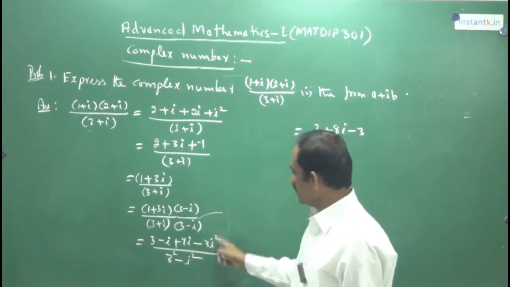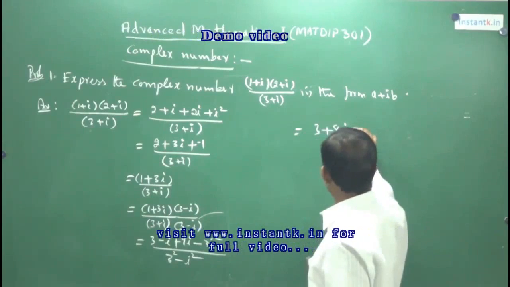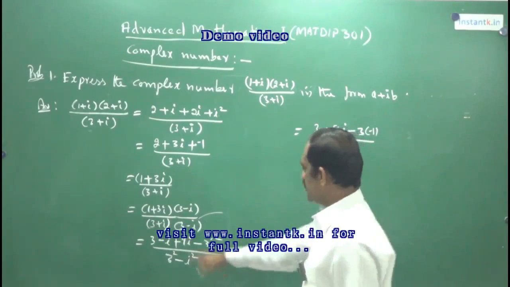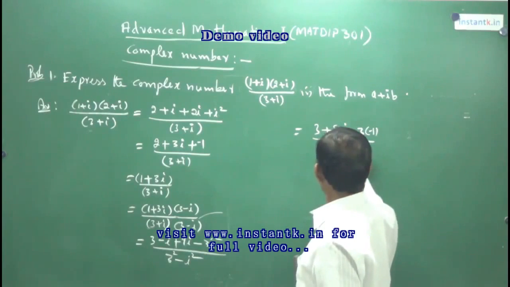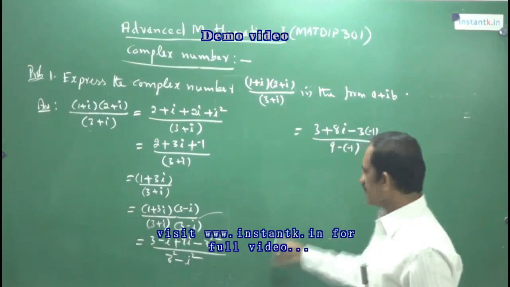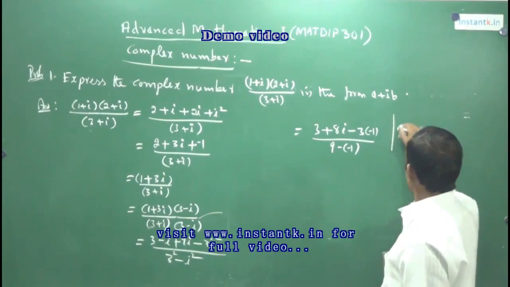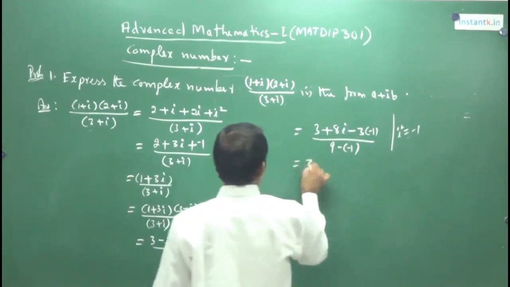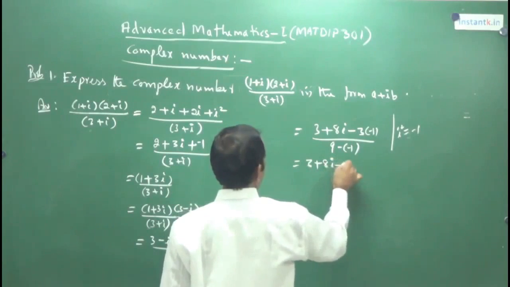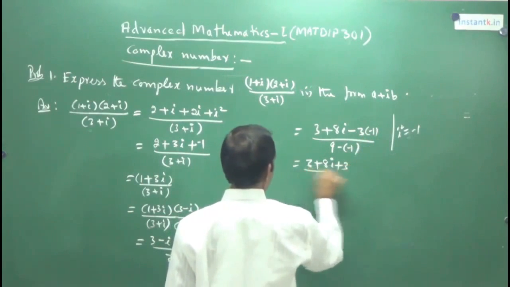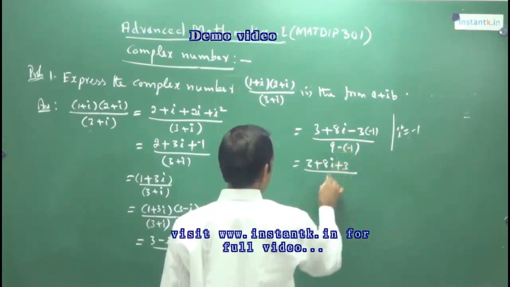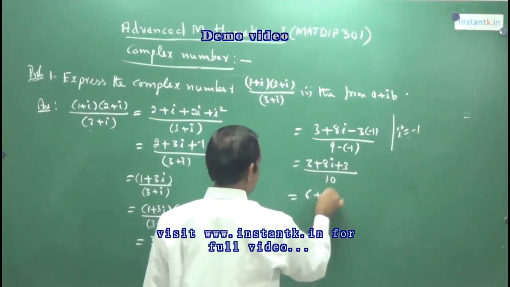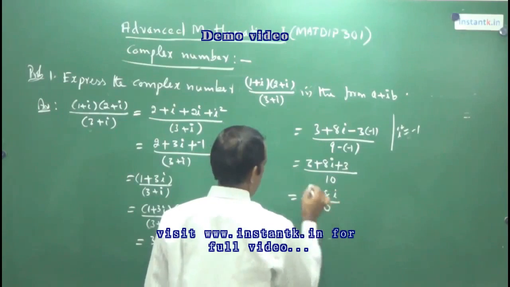Minus of minus gives plus, so plus 3. The denominator is 3 square, it is 9, minus i square, which is minus minus 1, so plus 1, that is 10. So in total we get 3 plus 3, 6, plus 8i, divided by 10.